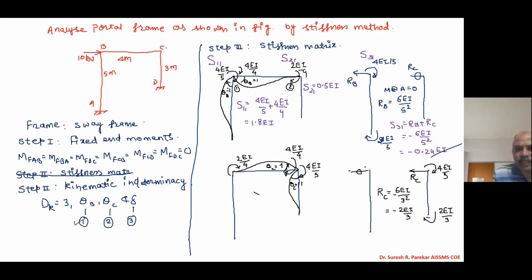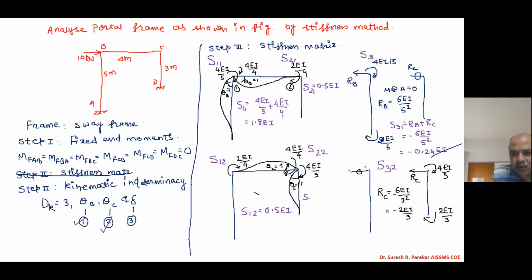We have S at 1, S at 2, and S at 3. Where we have applied unit displacement at 2, we have S12, S22 and S32. Then S12 equal to 0.5 EI.